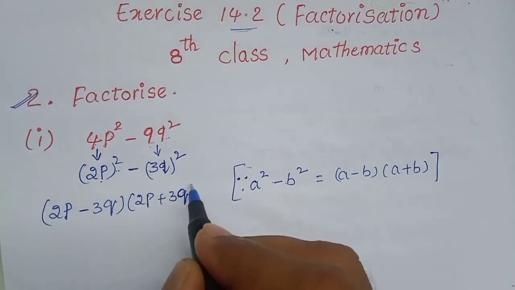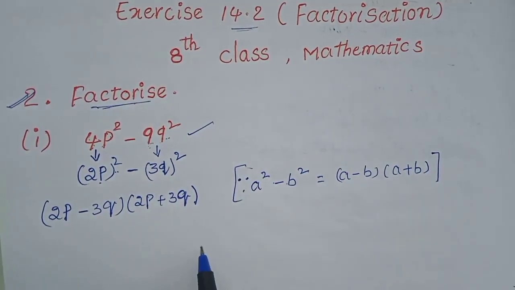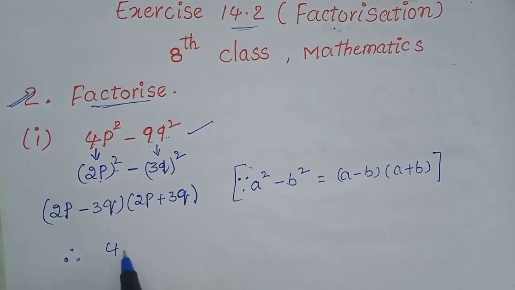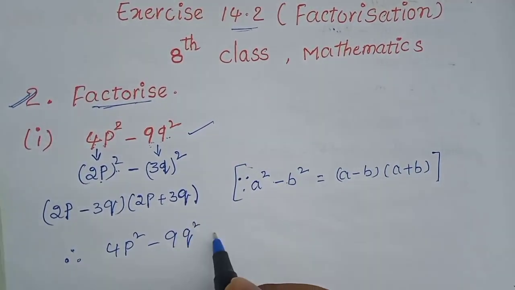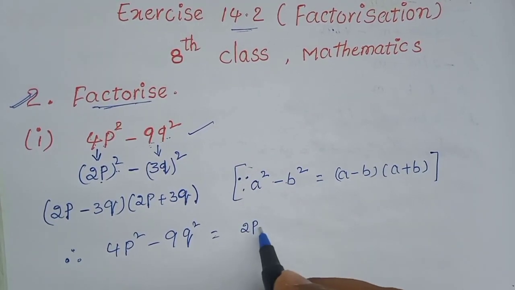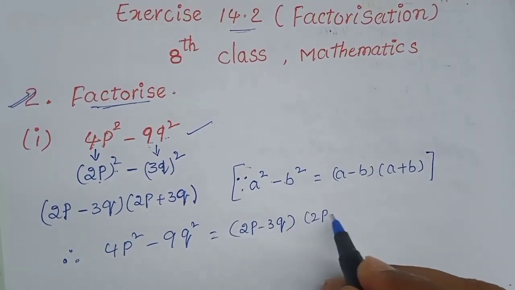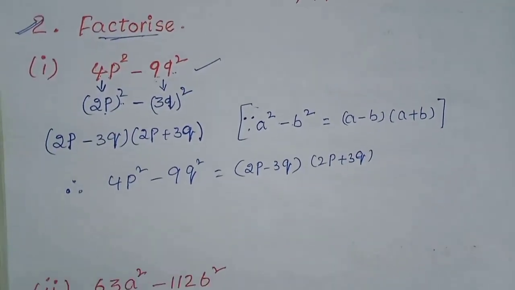So this is the factorization of the given expression. Therefore 4p square minus 9q square is equal to 2p minus 3q into 2p plus 3q. Now move on to question number 2.